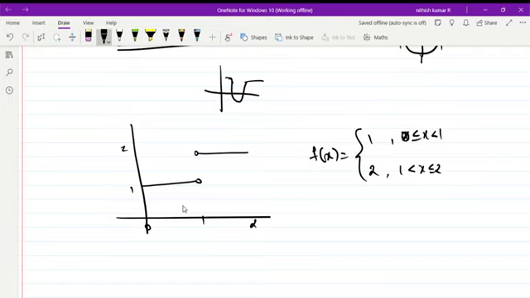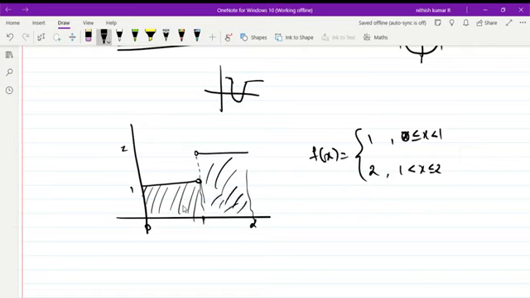Now if I ask you what's the area under the curve, you can just observe, yeah, this is the area of this and this is the area of this. By adding these two areas, I'm getting the area under the curve. But what about this point? Why should we neglect that point?